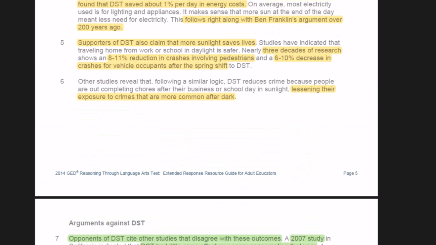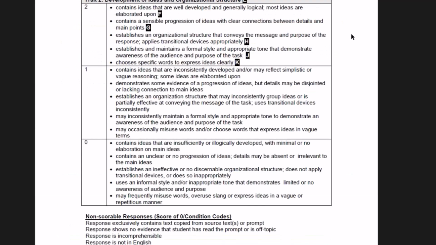The best way for you to study for the writing response is to practice. As I mentioned, there are 3 prompts in the description box below: the daylight savings prompt, taxation and revenue, and then one on diamond mining. So use those as tools. I also share with my students that the first 3 prompts, they should complete them untimed.